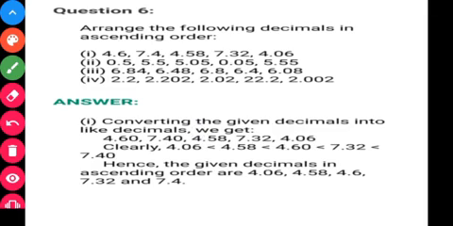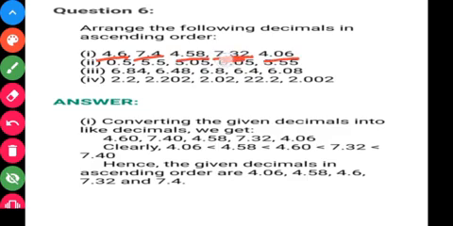Question number 6 is given: arrange the following decimals in ascending order. For this, first you convert the given decimals into like decimals. Here 4.6, here 7.4, 4.58, 7.32, 4.06.